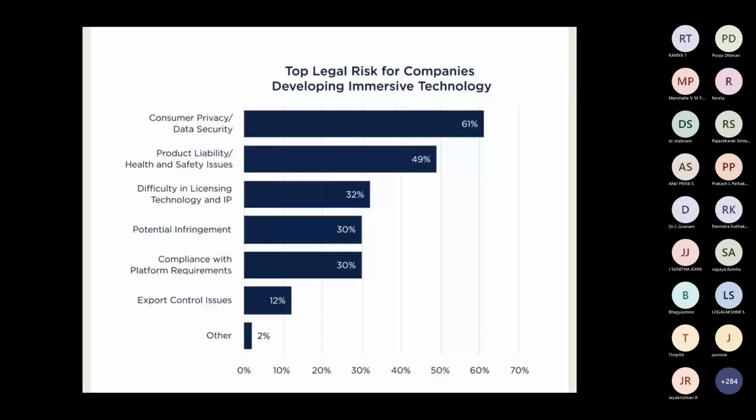Almost every nation is working and investing a lot in cyber security against cyber attacks. That is a major risk factor, which is why immersive technology is not as established as other technologies. Then product liability: the durability is very low compared with other technologies.